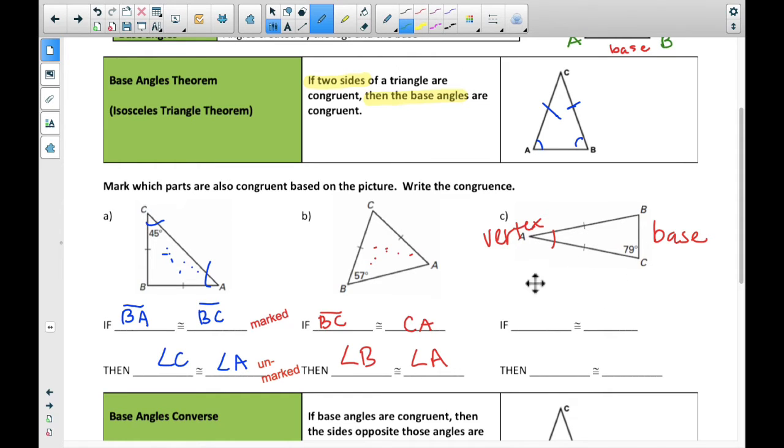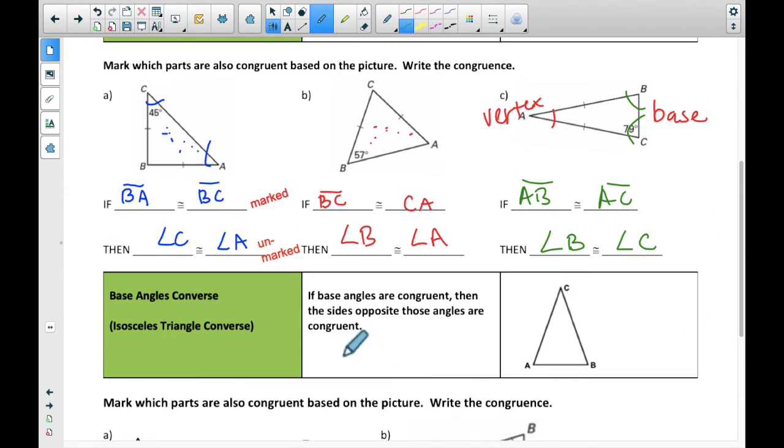Again, the if is the ones that are marked. If AB is congruent to AC, that's side AB and side AC, then we look at what they're pointing to, angle B and angle C. The base angles are the ones that are always going to be congruent. If the legs are congruent, then the base angles are congruent.